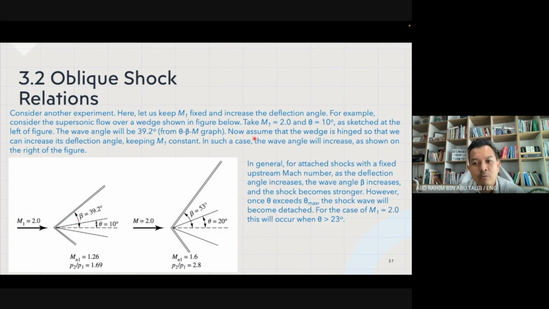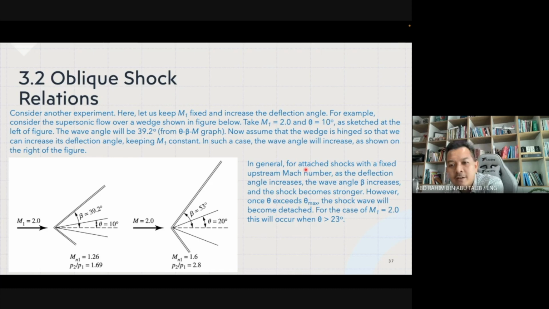Now assume we can increase the deflection angle, keeping the same Mach number. The wave angle increases, as shown in the right figure. When you increase theta from 10 to 20 degrees, you get beta equal to 53 degrees.